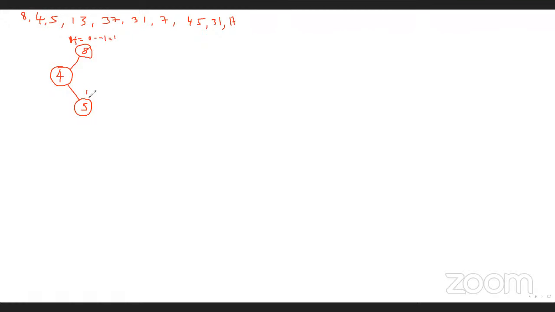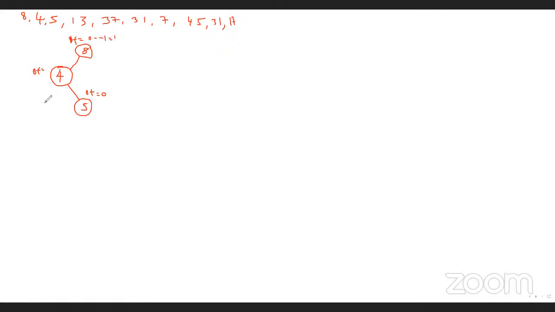What's the balance factor at 5? Because 5 is a leaf node, the balance factor at 5 is 0, because -1 minus -1. And what is the balance factor at 4? It is -1.